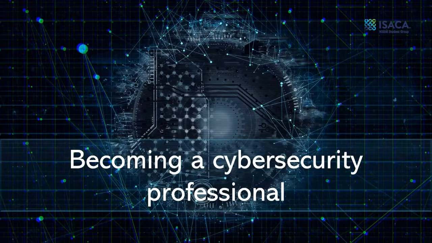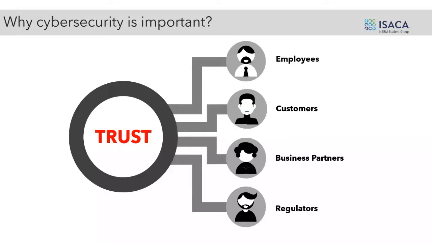Whenever we talk about cybersecurity, we assume it's about confidentiality, integrity, and availability, which everyone says is the CIA triad, the three pillars of cybersecurity. But ultimately, cybersecurity is the ultimate question about trust.